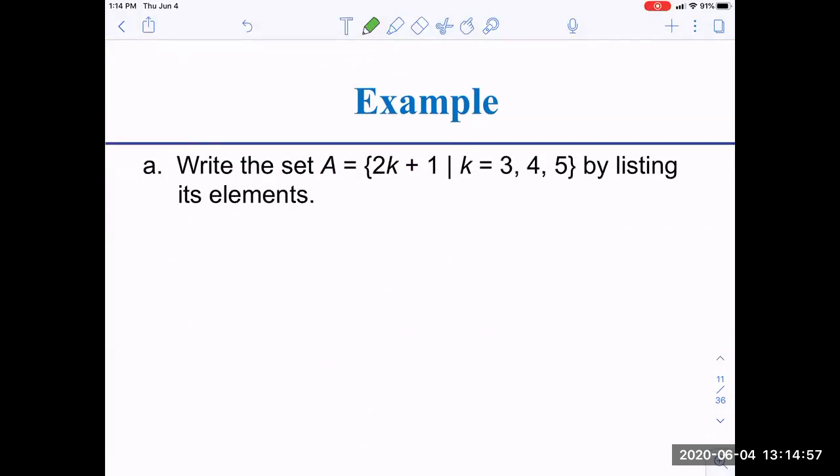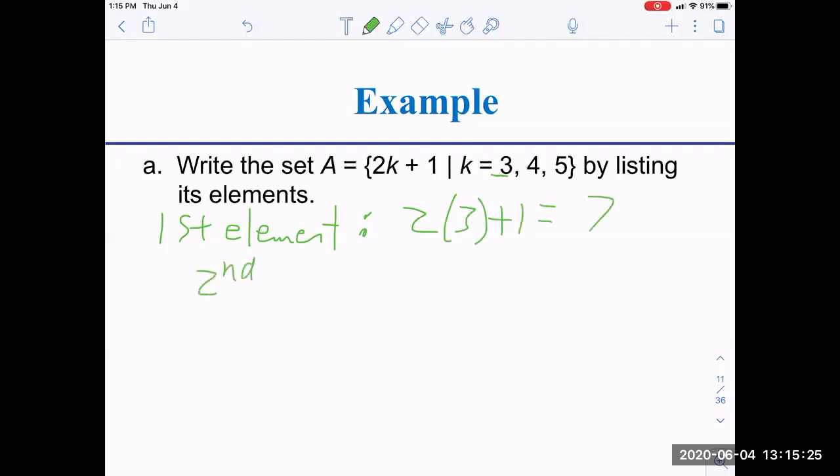Okay, let's practice this. So A is the set of the elements 2k plus 1 such that k equals 3, 4, and 5. Well, my first element of A would be 2 times, I'm going to use k equals 3, plus 1 is 7.